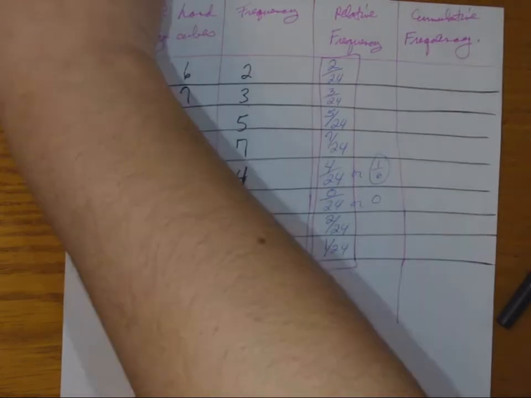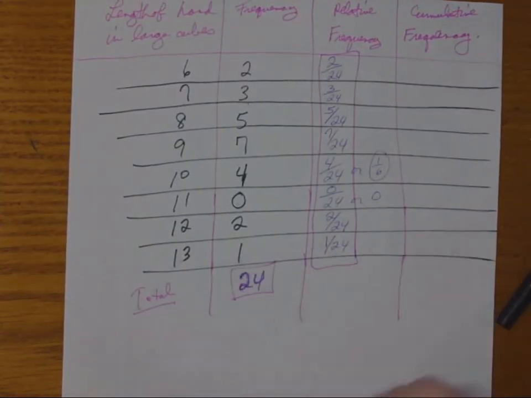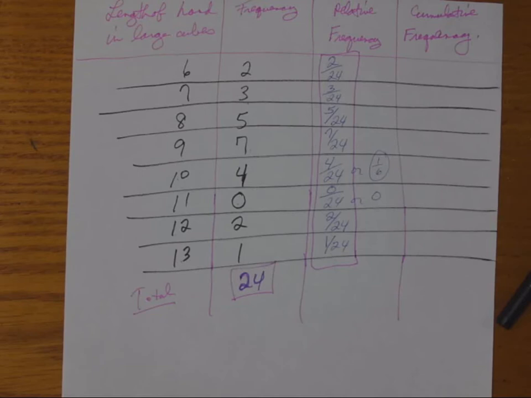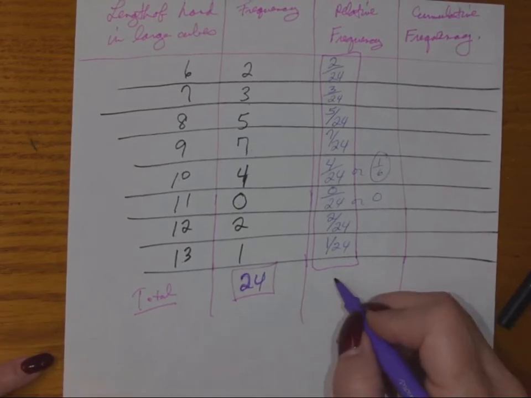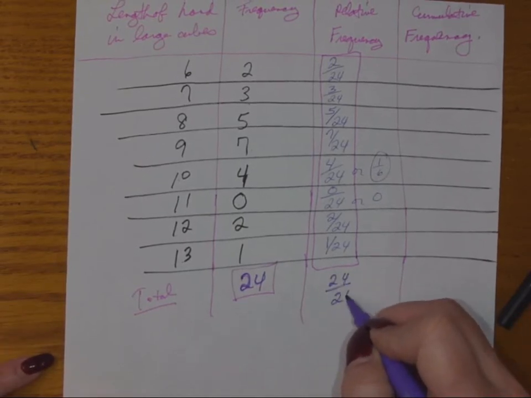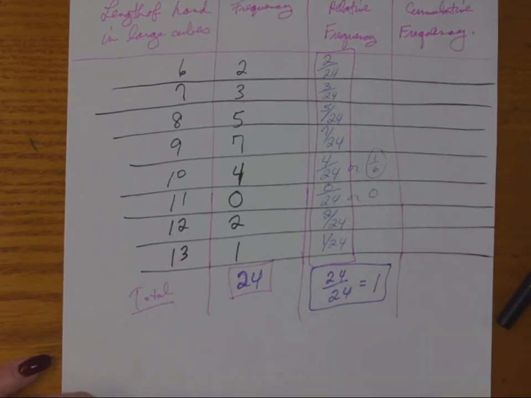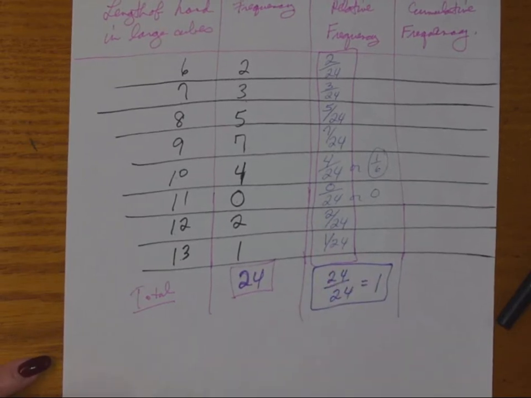Well, here, if I've done it correctly, if I got the right fractions, then what should this be? This is relative to the whole, right? So if it's relative to the entire group, or the entire class in this case, then this should add up to what? A 1, a whole. So this should be 24 out of 24. One whole group here.